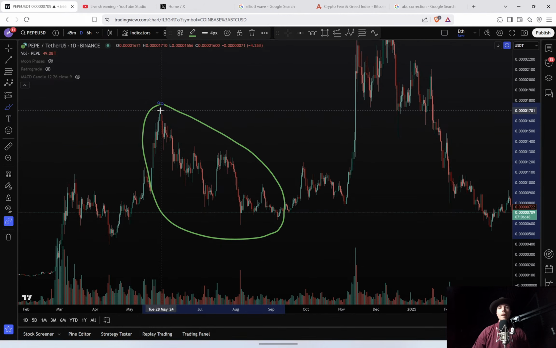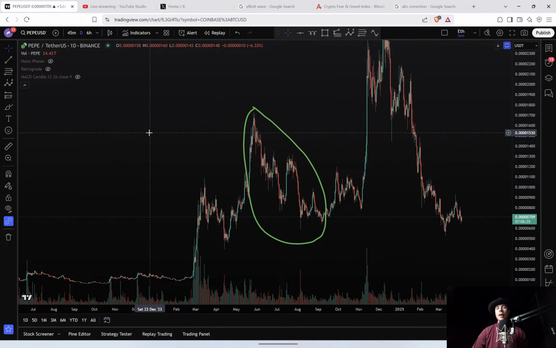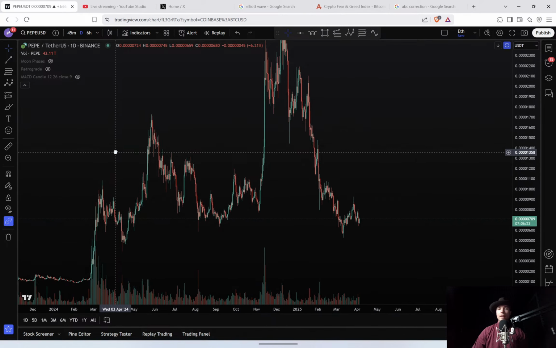I shorted the top here on Pepe, and this was just printing money. It was so much fun to trade this coin. And I really, really enjoyed shorting the top right here on Pepe before the summer correction happened. That was super fun. So I do like Pepe a lot just because of that reason.